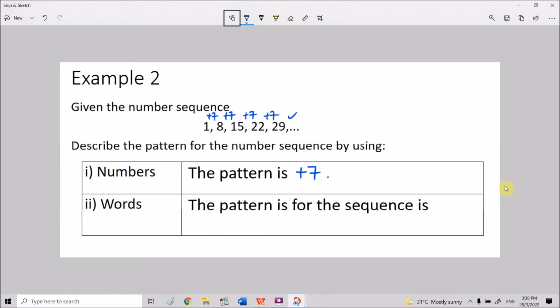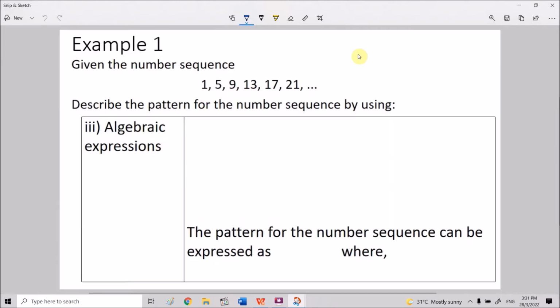In terms of words, the pattern for the sequence is add 7 to the previous number. For this subtopic, there's another more interesting way of describing a pattern, which is by using algebraic expressions.